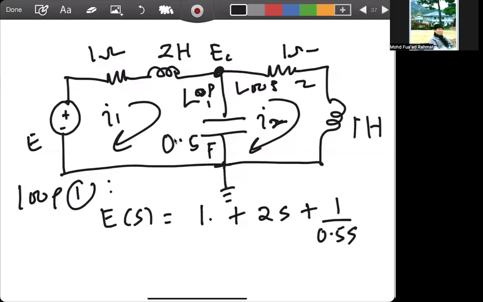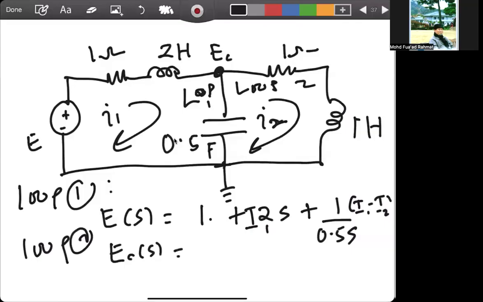So this one will be I1, and this one will be I1 minus I2. Okay. Then for loop 2 is where ECS is equal to 1 I2. Okay, don't forget this one is I1.